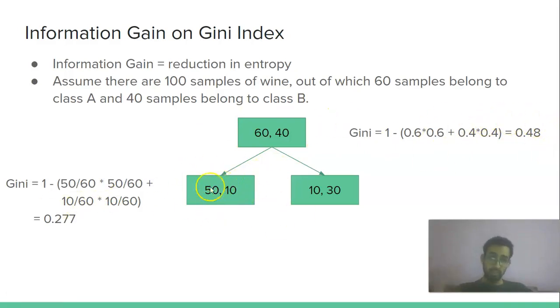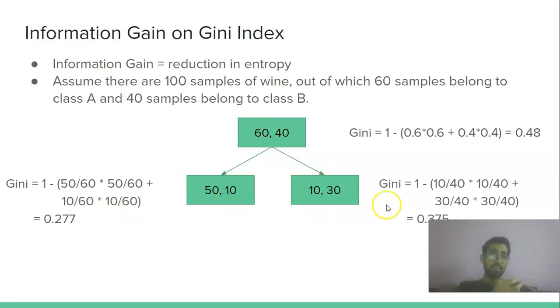Gini for this child node is 1 minus the sum of squared probabilities, 50 by 60 and so on. It comes around 0.277 because, as you can see, it's more homogeneous, with 50 from class A and 10 from class B, right?